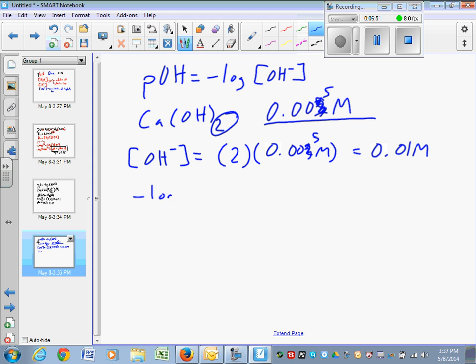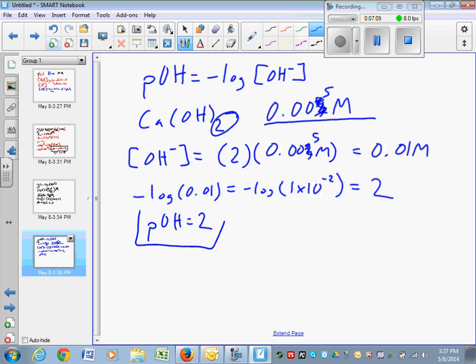Okay, that's my concentration. So negative log of 0.01. Same thing as saying negative log of 1 times 10 to the negative second. And that's 2. So my pOH is equal to 2. So how am I doing this log in my head?